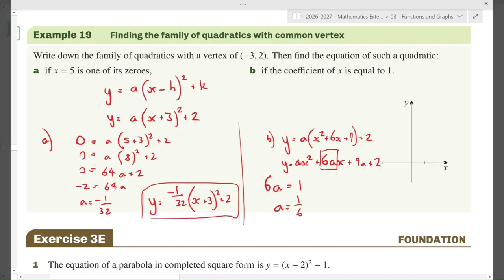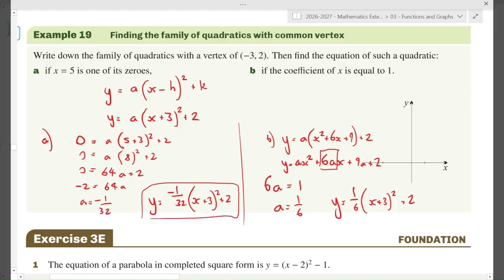Of course. Now that we've got the a, we can sub that back into the original equation. And we get y equals 1 over 6 outside of x plus 3 all squared plus 2.